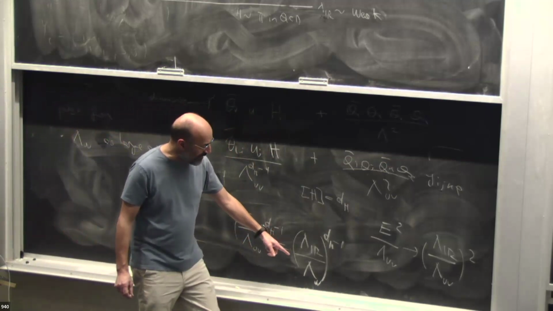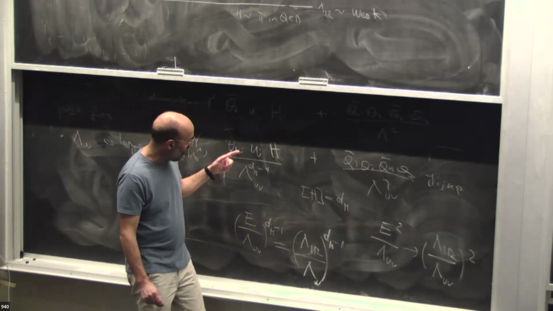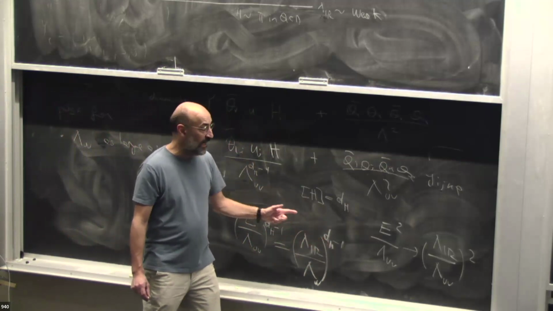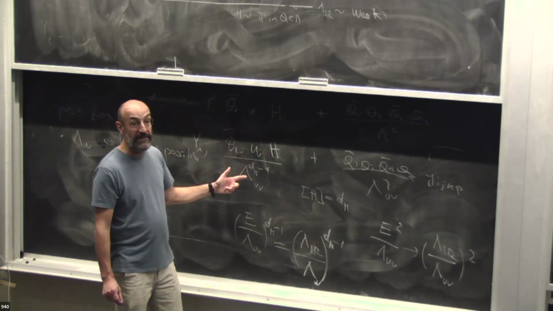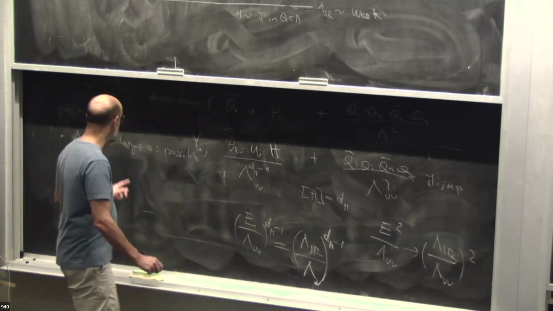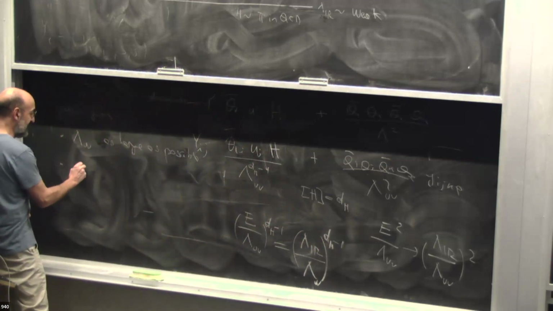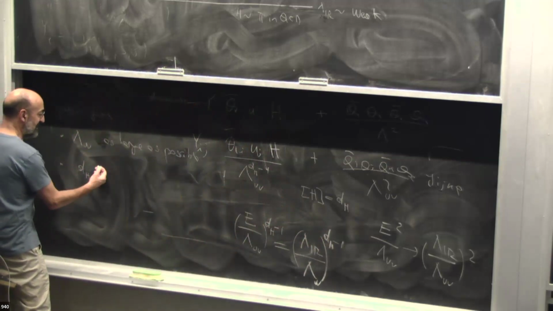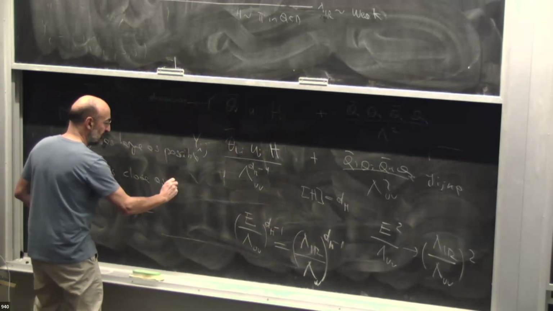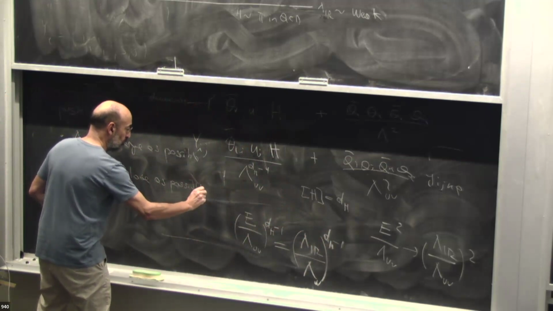But when lambda UV becomes large, then unless dH is very close to 1, the effects that you observe, the Yukawa coupling, go to 0. So at the same time, this implies dH as close as possible to 1.